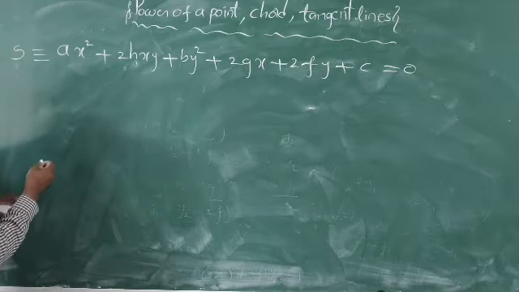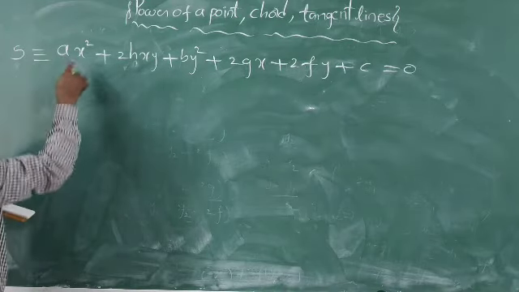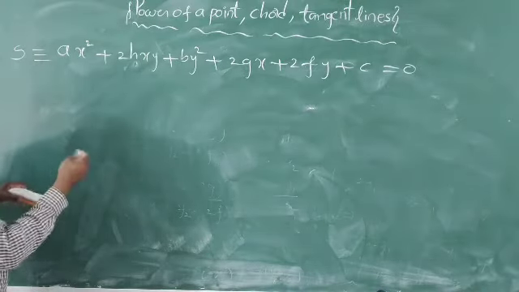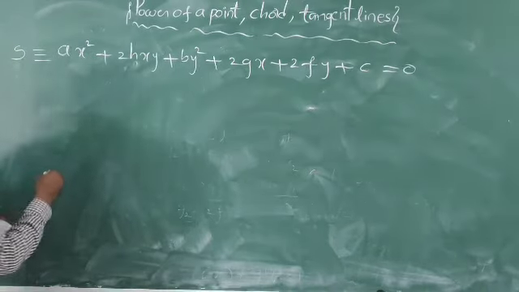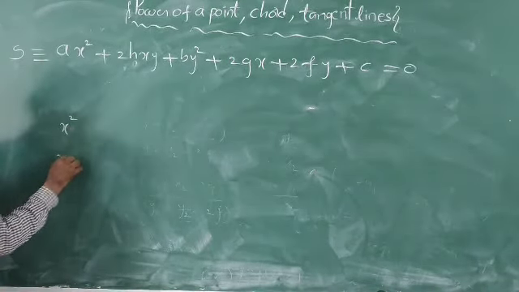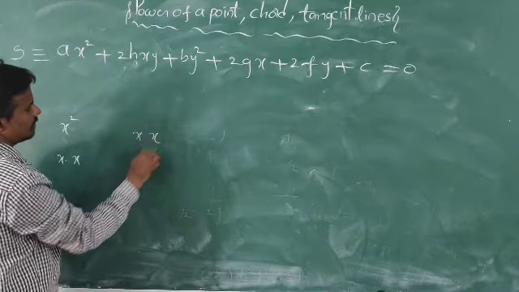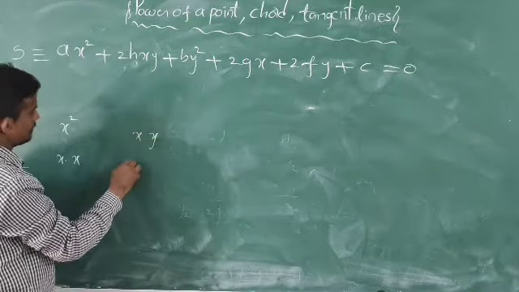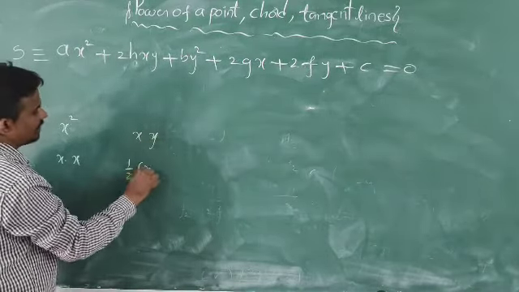I will explain the 1 of x square. What is the meaning of 1? That is the first issue. X square can be written as x into x, and xy can be written as half of xy plus xy.